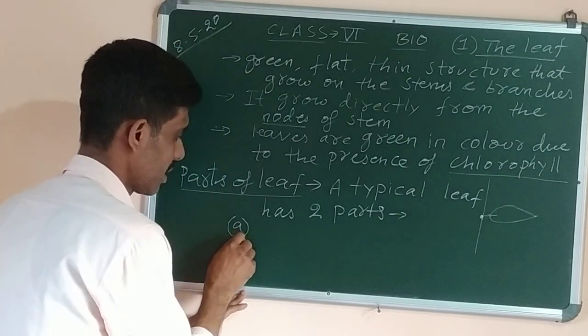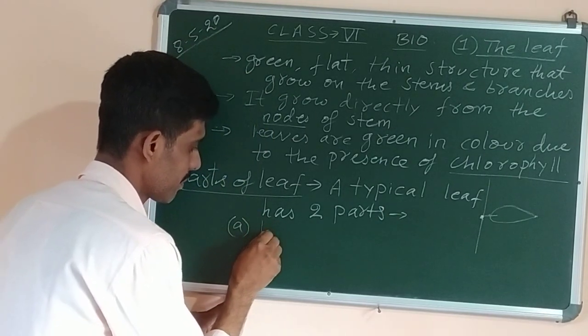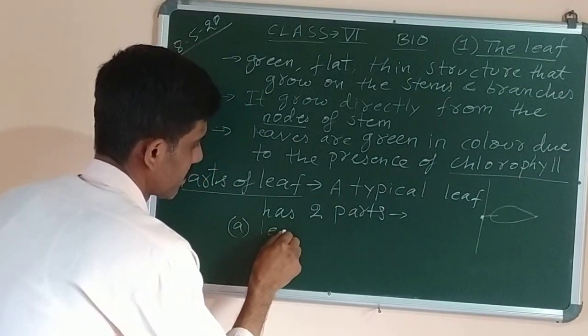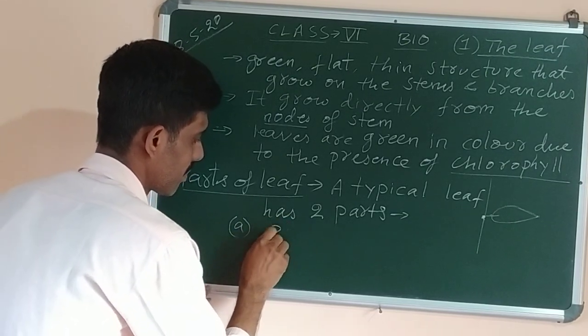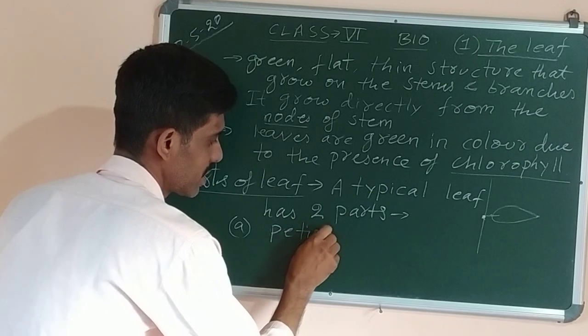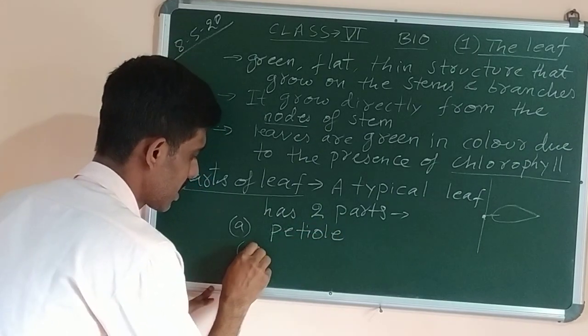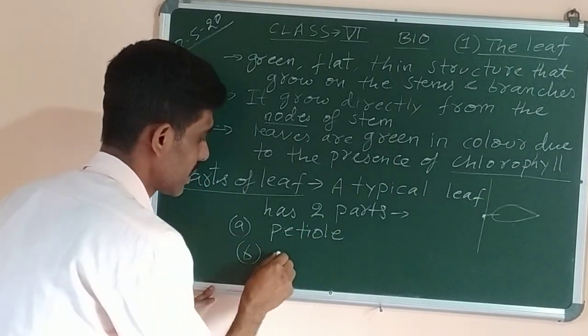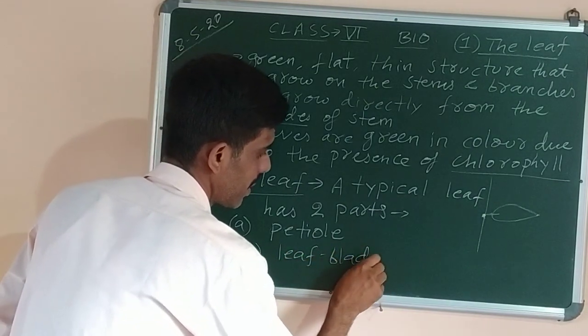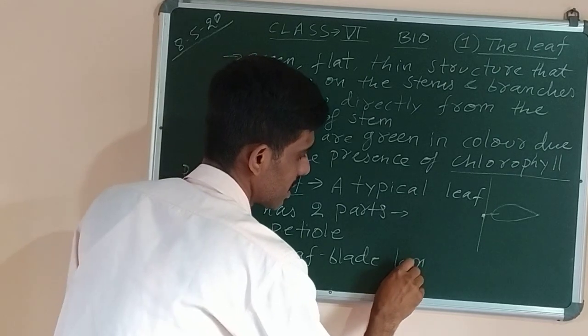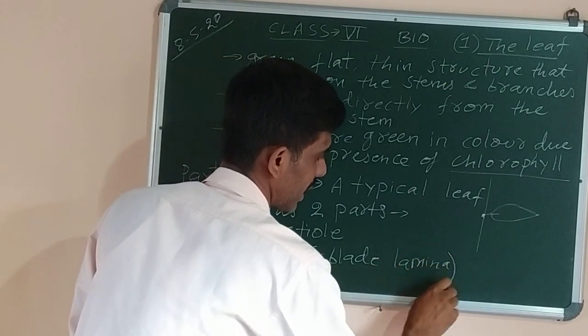Number A, it is called leaf petiole. I will write leaf stalk. The word petiole means the stalk of the leaf, and the second one, it is known as leaf blade. Leaf blade is also known as lamina. Like this one is the leaf blade.